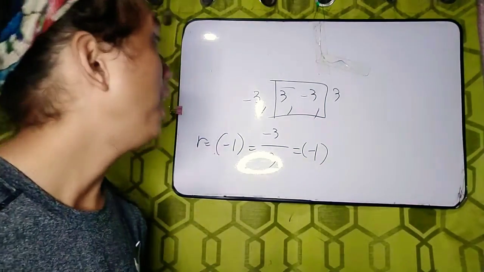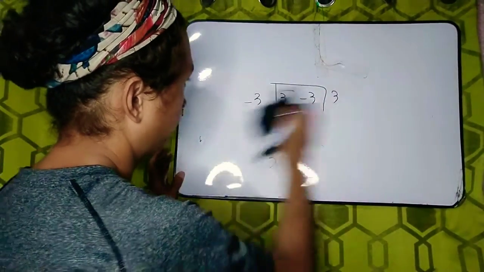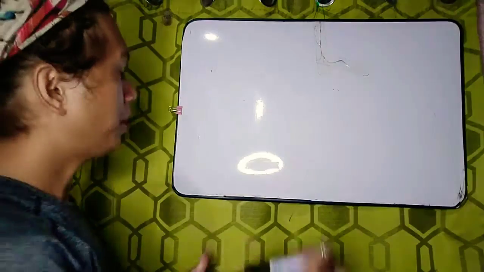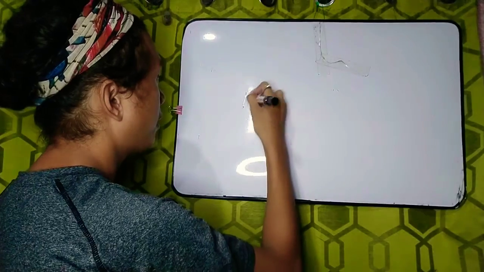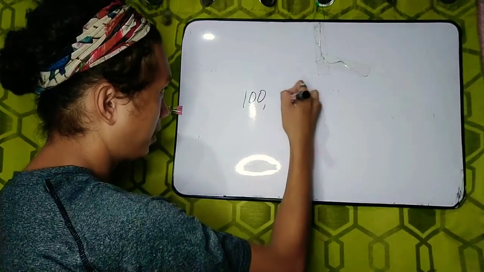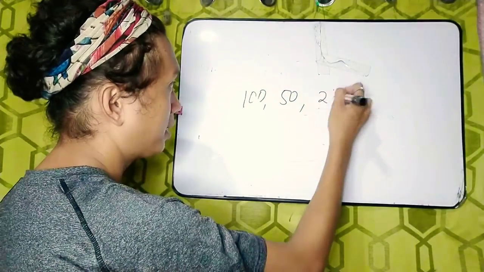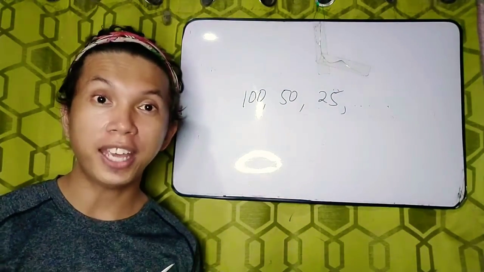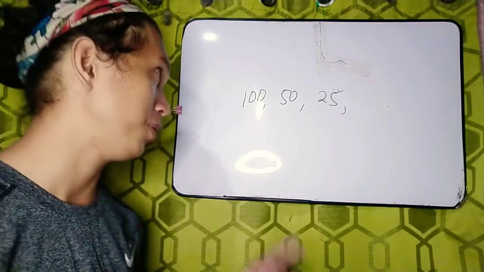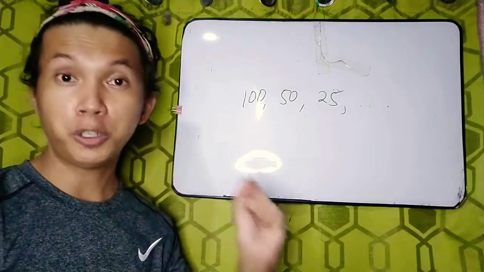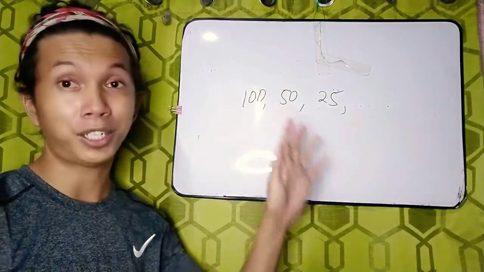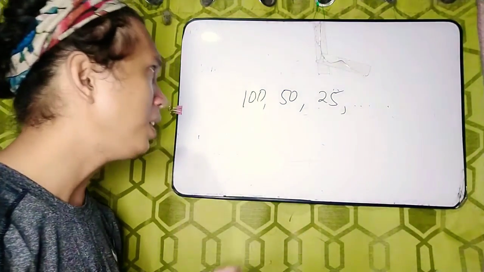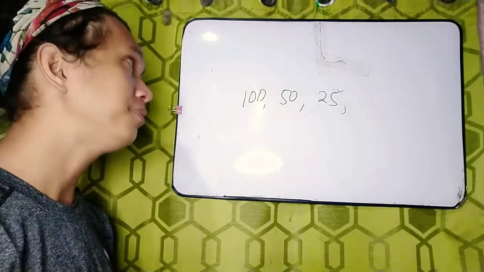Okay, so another example. So I'm showing to you some scenarios of geometric sequence. I have here 100, and then next is 50, next is 25, and so on and so forth. So what do you think is the common ratio for this? As you can see, the geometric sequence that we have is in decreasing order, right? So from 100, it becomes 50 and then 25.